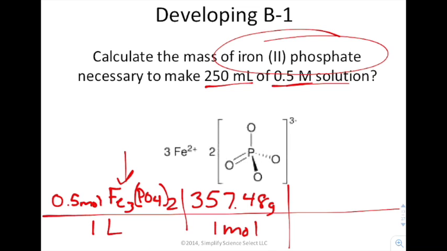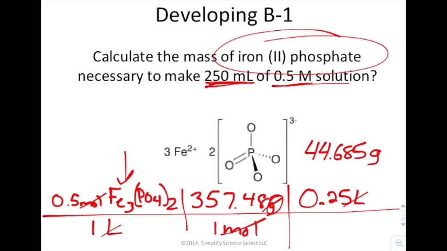Once you do that, you also have 0.25 liters because you had 250 mL, which when you convert it into liters gives you 0.25 liters. At this point, you leave the grams, cross the rest out, and you should get something like 44.685 grams of iron(II) phosphate.